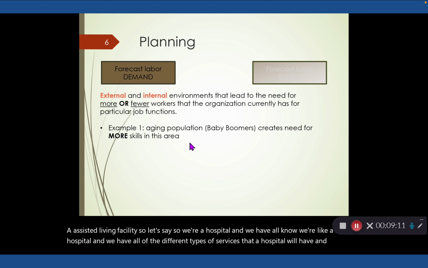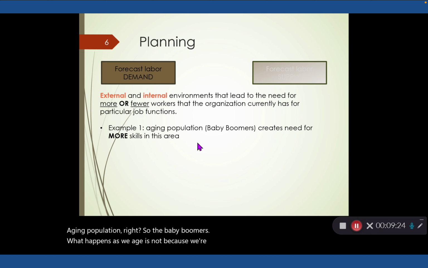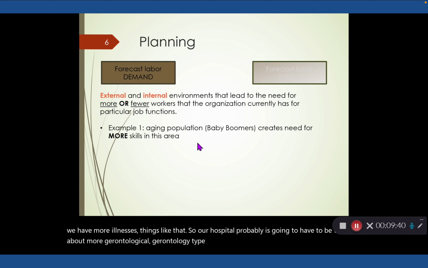And we're in an area where there is a large aging population, right? So the baby boomers. Well, what happens as we age is not because we're getting older, but we tend to have more injuries, we have more illnesses, things like that. So our hospital probably is going to have to be thinking about more gerontology type services that we need to be offering.